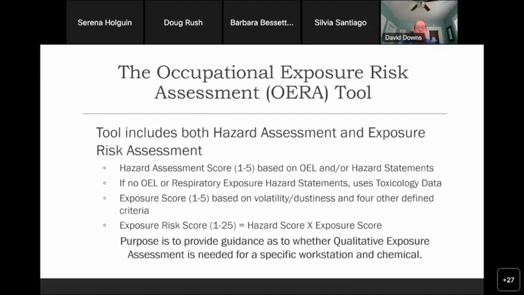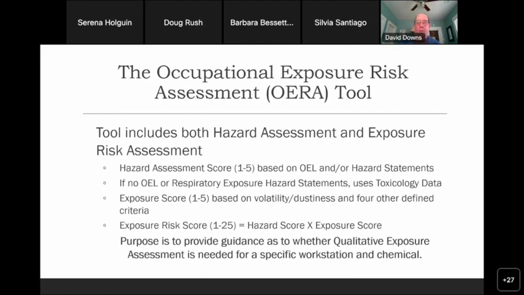Now, the real purpose of this tool, as you're trying to put together your plan of attack, your industrial hygiene strategy, is to provide guidance as to whether qualitative exposure assessment is needed for a particular workstation and use of a chemical.